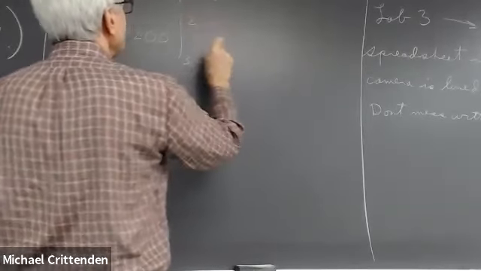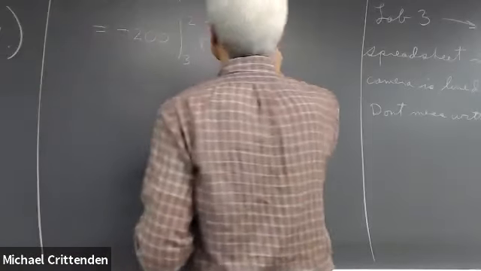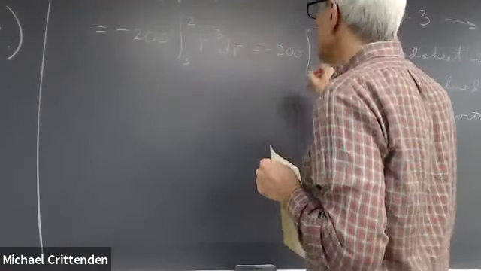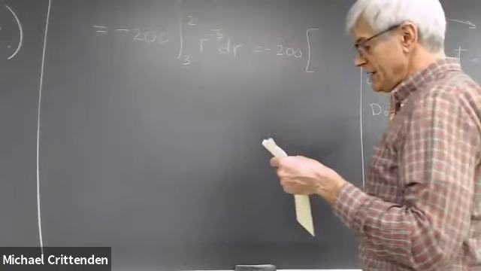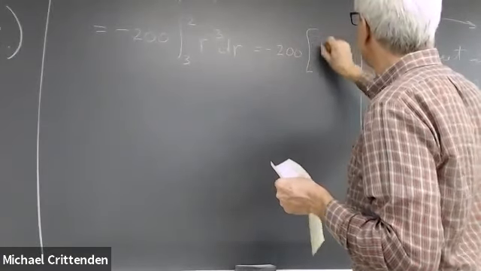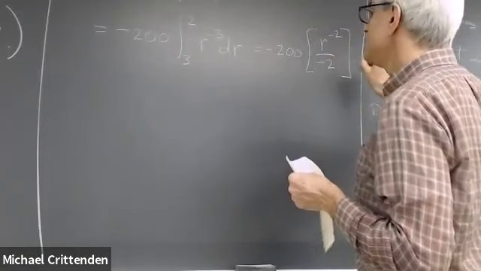Maybe I should write it this way. Integral of r to the minus 3 would be r to the minus 2 over negative 2.